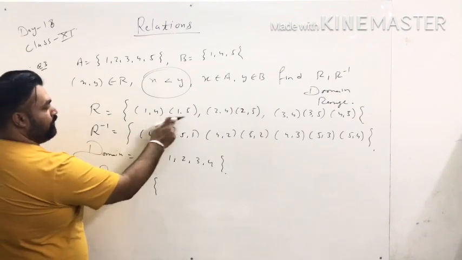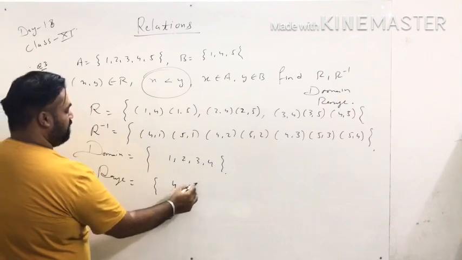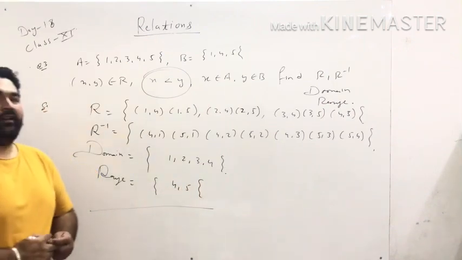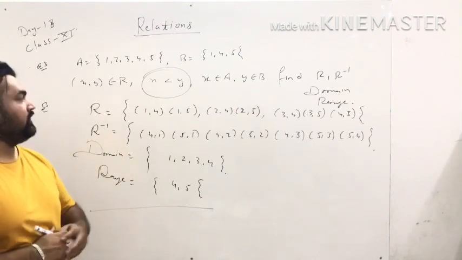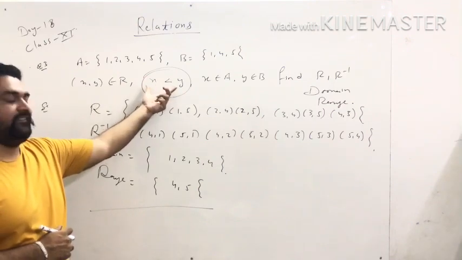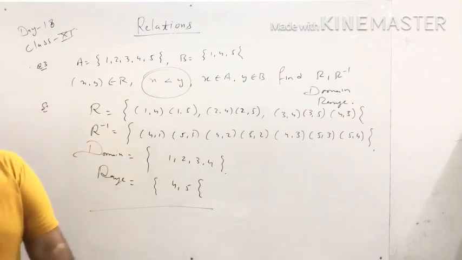Range is 4, 5, 4, 5, 4, 5. So 4, 5. This is another example of relation R. The whole concept depends upon the given condition.